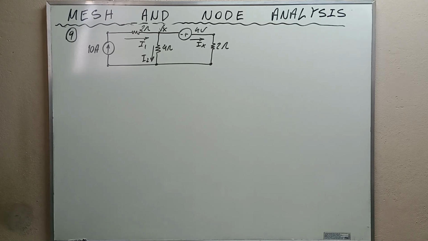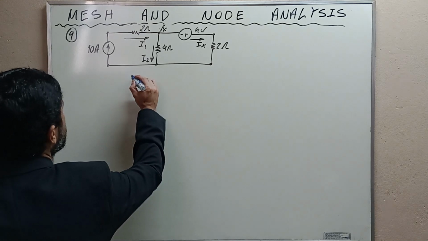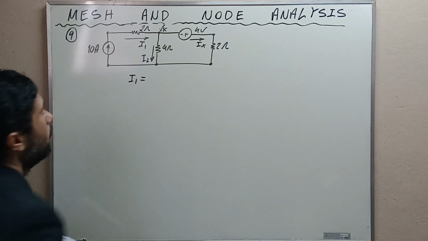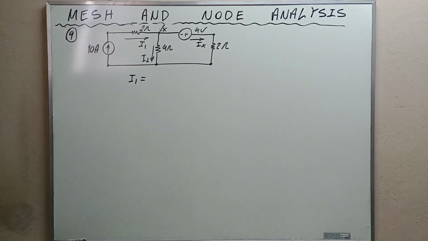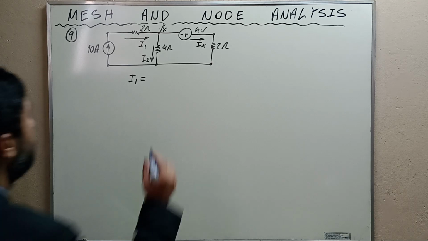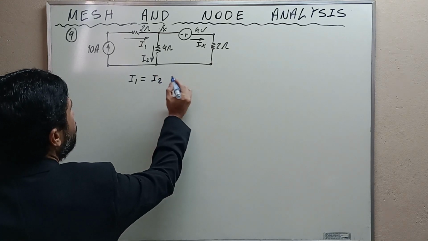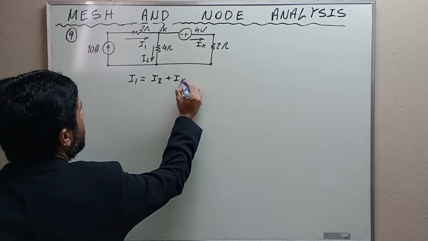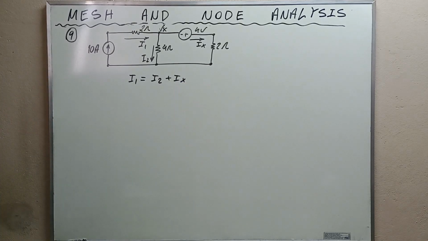And the current entering the node is I1. And what are the currents that leave the node? The currents that leave the node are I2 and Ix. Okay? These are the currents.